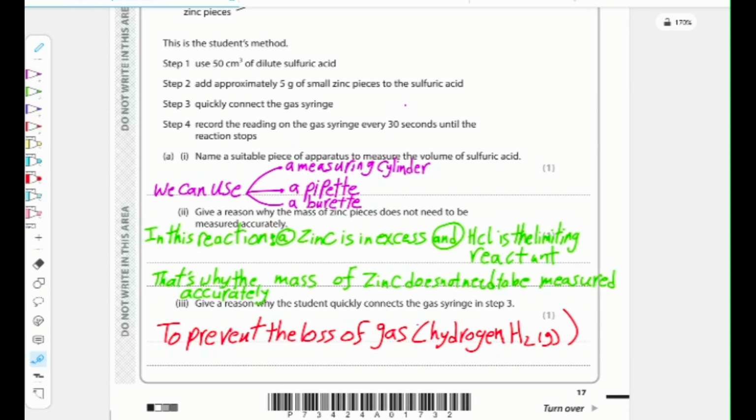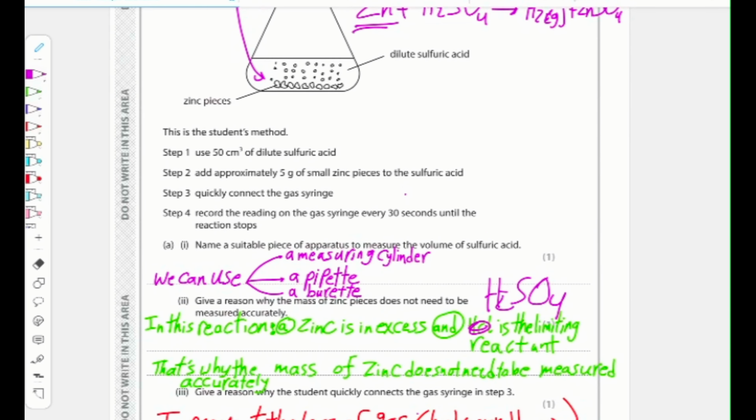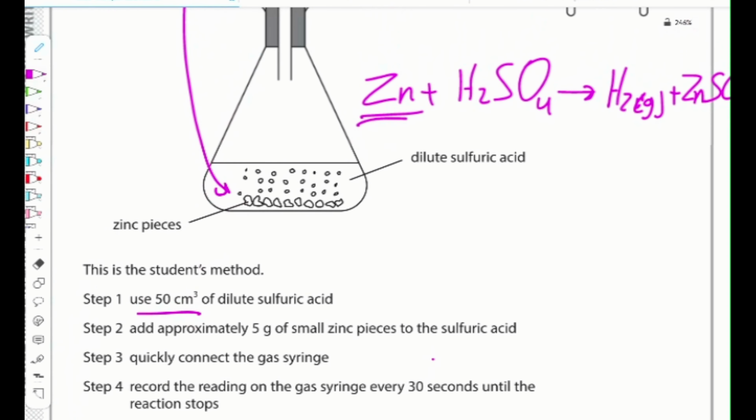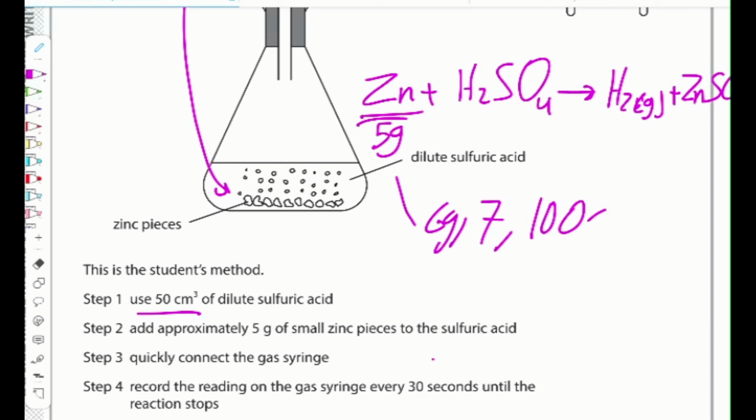Let's say, for example, that this 50 cubic centimeters of sulfuric acid needs 5 grams of zinc. If I add more, 6 grams, 7 grams, 8 grams, 1000 grams, they are the same, as long as 5 grams are enough to consume all of the H2SO4.